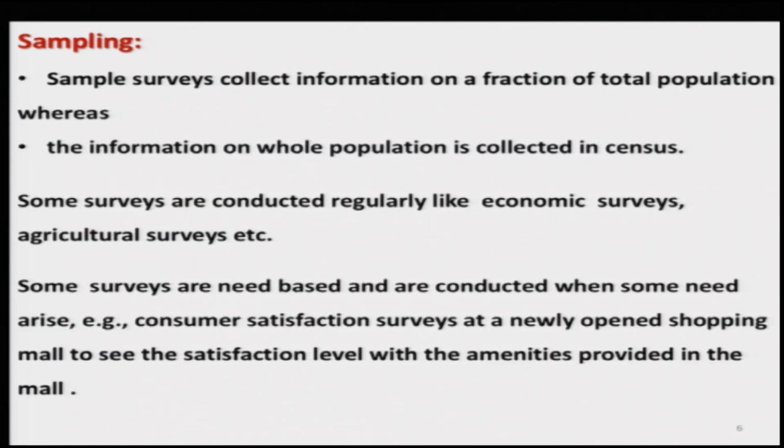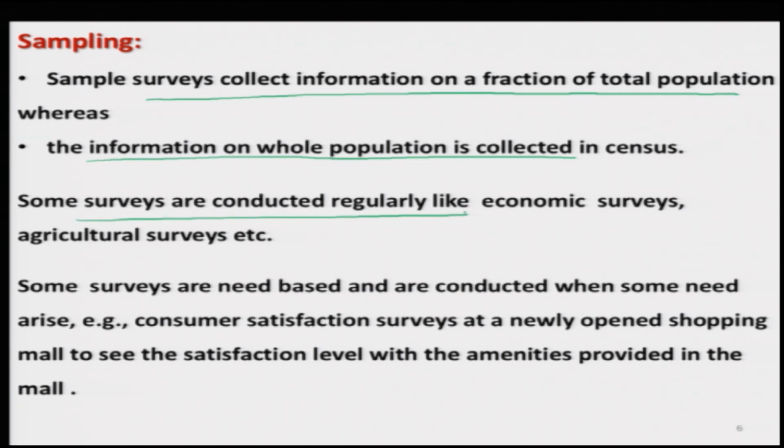Sample surveys collect information only on a fraction of the total population, whereas in a census the information on the entire population is collected. And you also know that there are some surveys which are conducted on a regular basis, like the Government of India conducts economic surveys, agriculture surveys, etc.